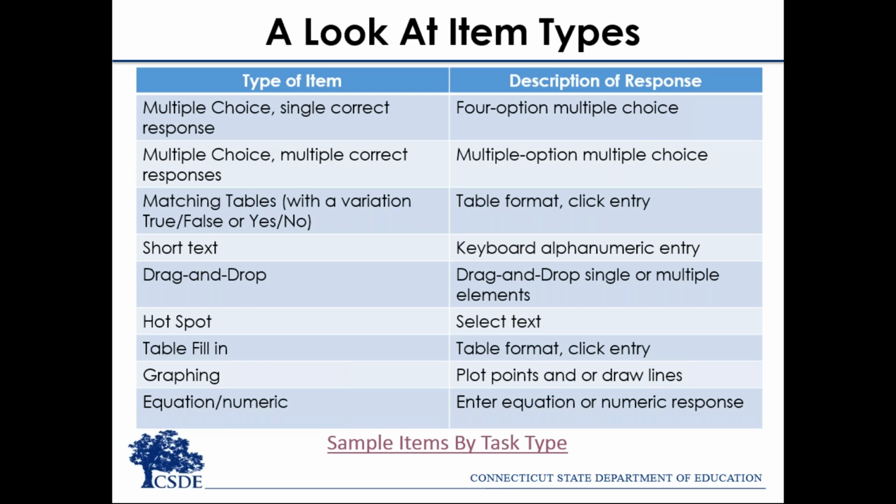There is also a hotspot, a table fill-in, graphing, and entering an equation. As you can see, the Smarter Balanced Assessment provides many additional types of test items as opposed to the mastery test, which was limited to multiple choice, grid-in, and constructed response.